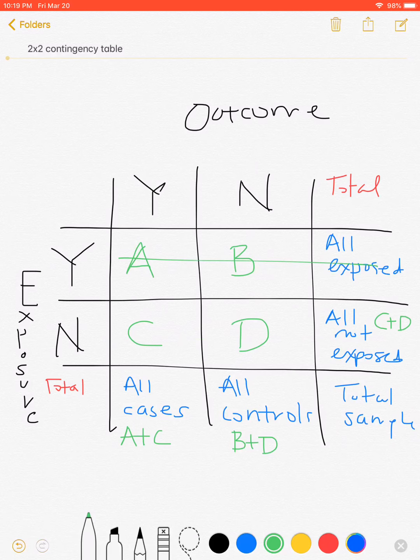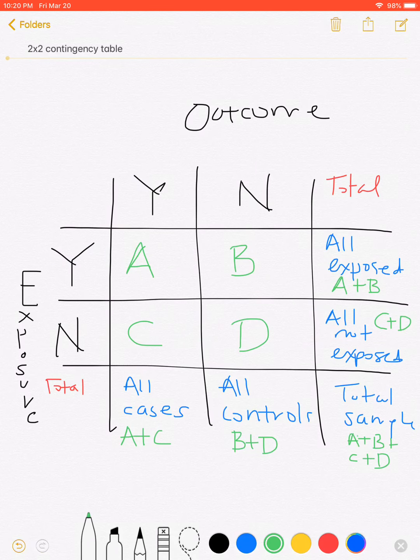And then this box over here is A plus B. So if we're going to look at the total, it's A plus B plus C plus D.